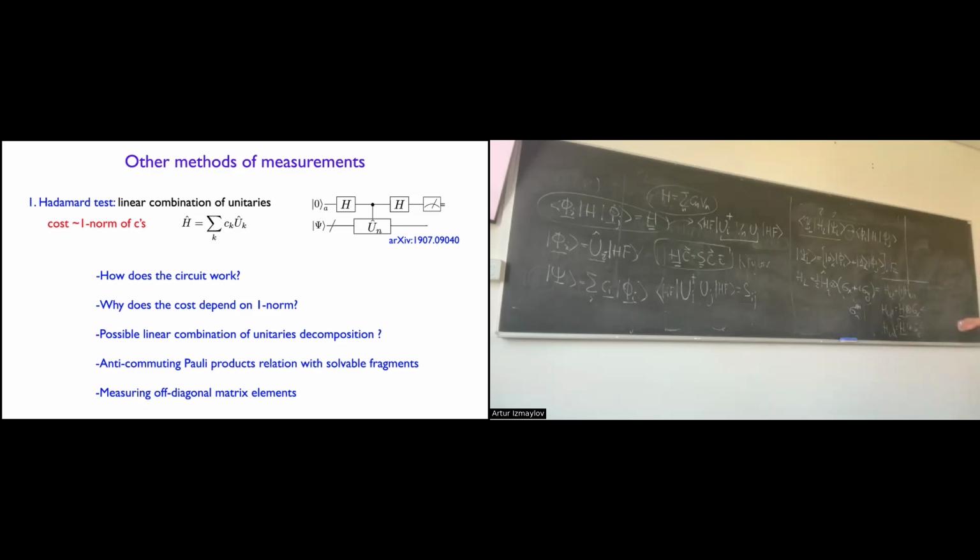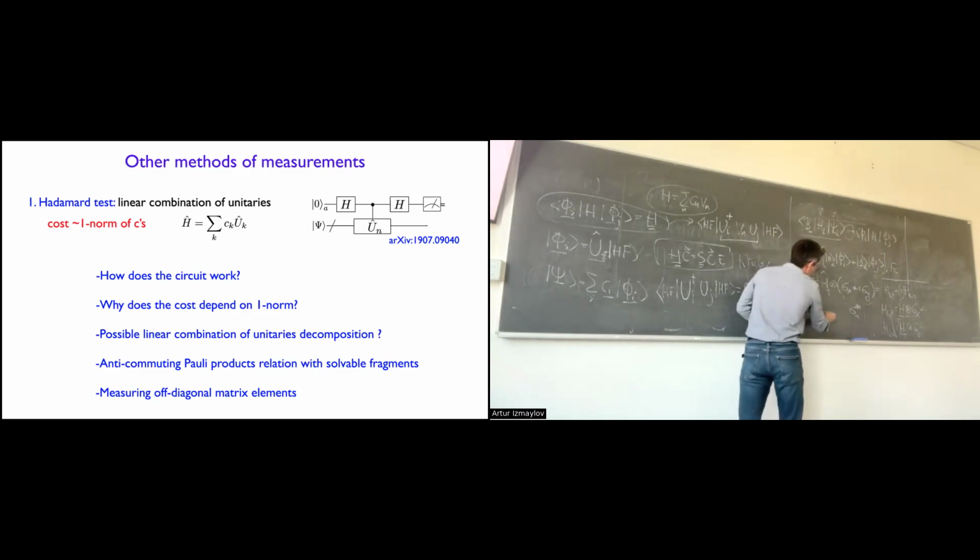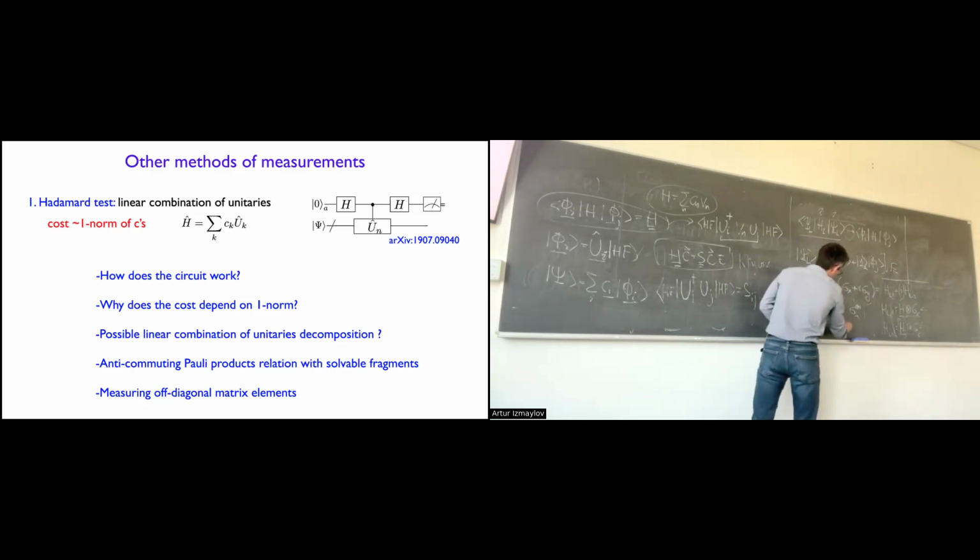But that is relatively straightforward if you consider that, let's say we have a state like this, and on a state like this, if we act with a sigma plus, what this sigma plus will do for the zero ancilla is essentially create the ancilla in the state one.